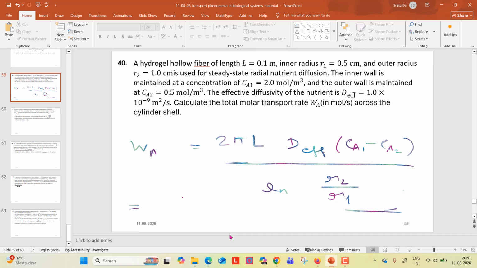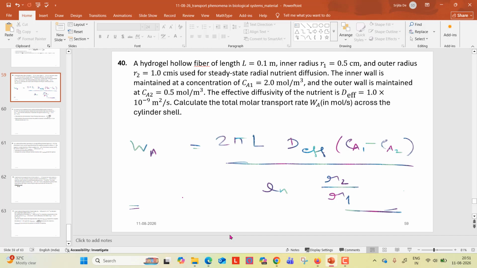So ln, first we'll calculate ln R2 by R1. So ln 1 by 0.5 is 0.693. Okay, so now calculate 2 into pi into L, which is 0.1.